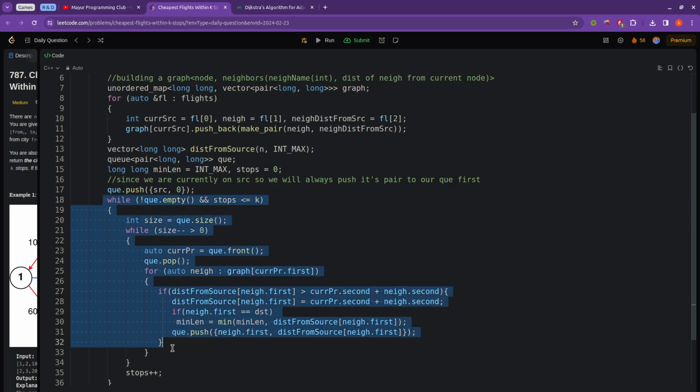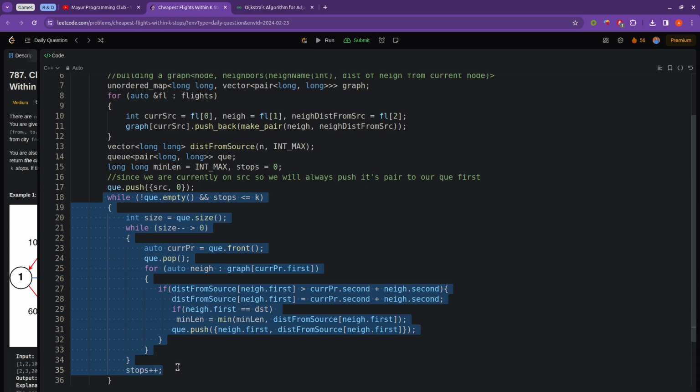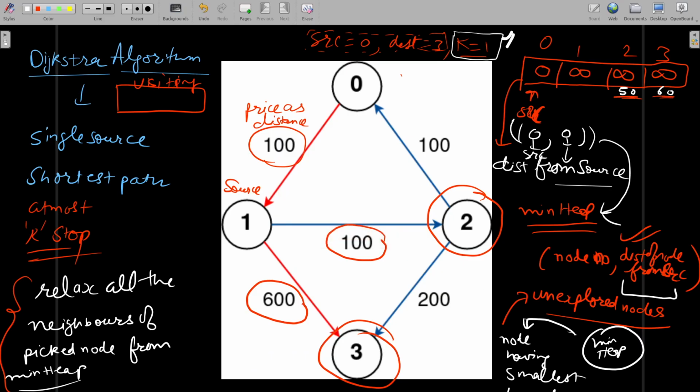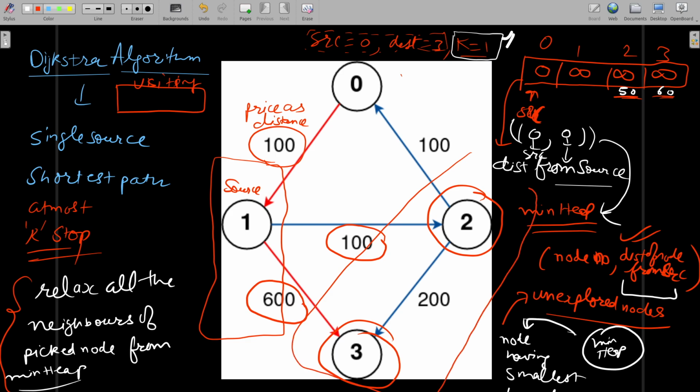Then what we'll be doing is a level order kind of traversal. What I mean by this is, first of all, your first level will comprise this particular source. Your second level will comprise these two neighbors of source. Then again their neighbors will be explored, neighbors of these two.